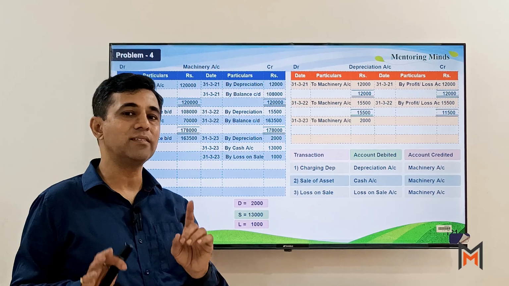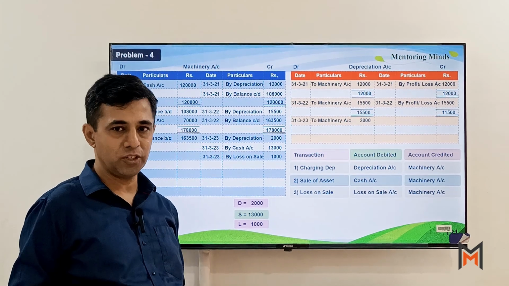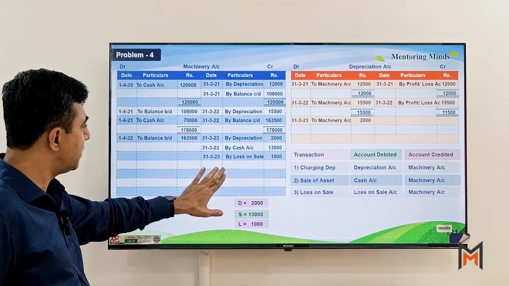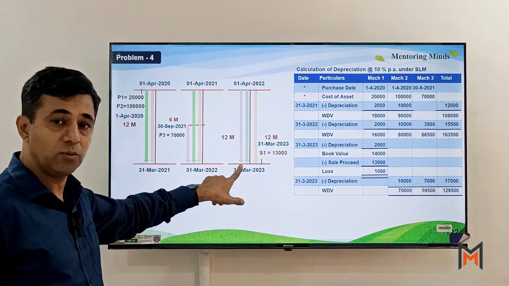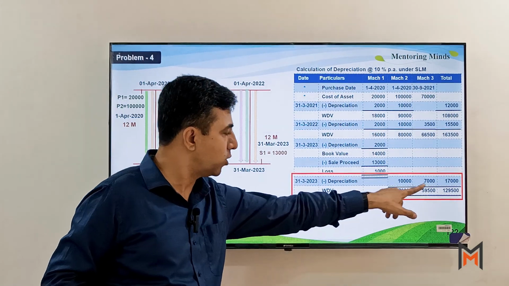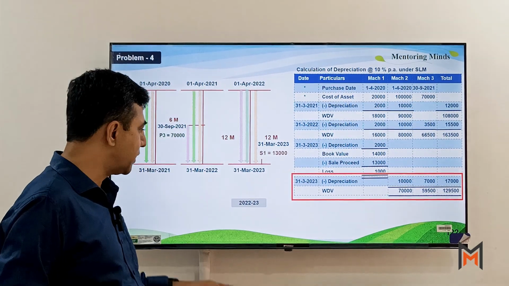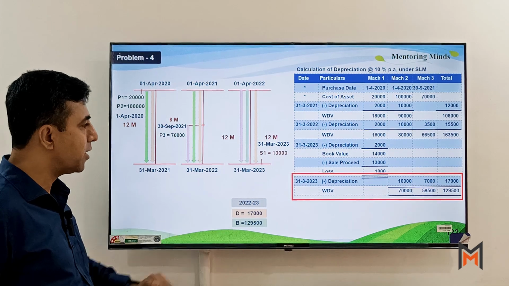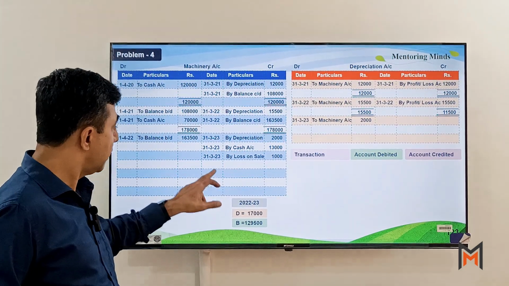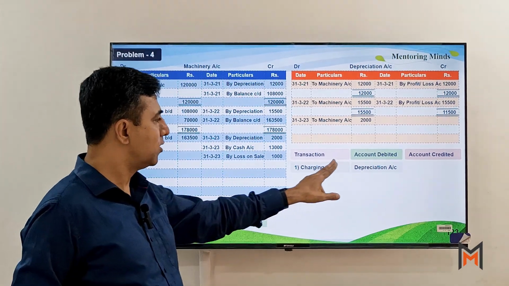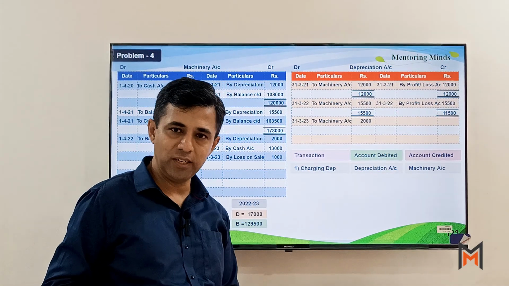Now the left out is the remaining asset depreciation entry. So again the same depreciation entry for the remaining asset we are going to calculate. Now the two assets are left out. The total amount of depreciation on these two assets is 17,000, and the remaining balance of asset is 129,500. Depreciation is charged on asset. So entry is depreciation to machinery.